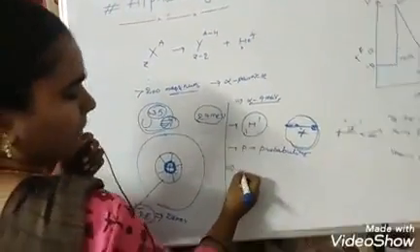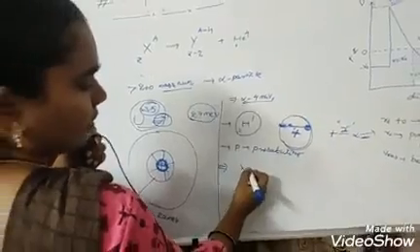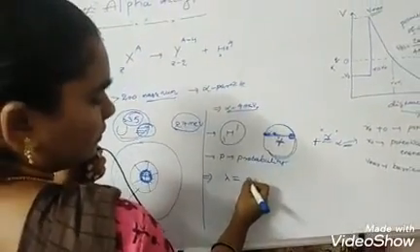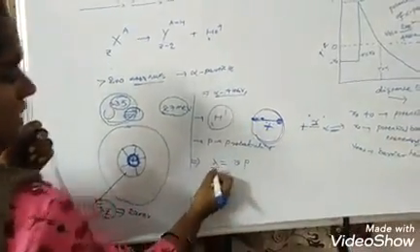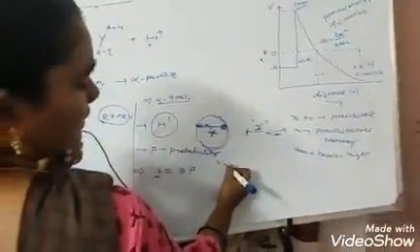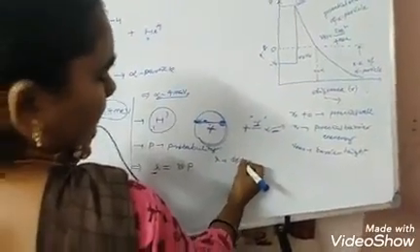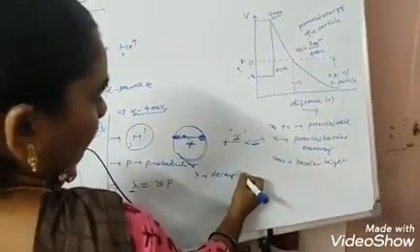Here is one formula: decay constant is equal to frequency into probability. Already we know this is called the decay constant or disintegration constant.